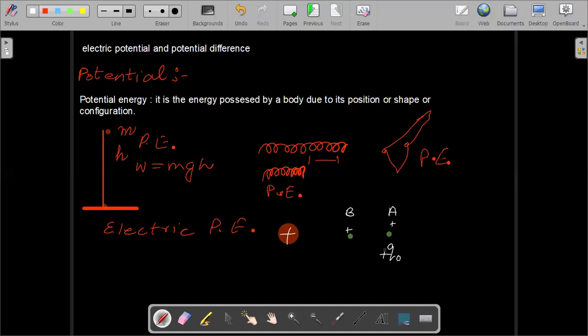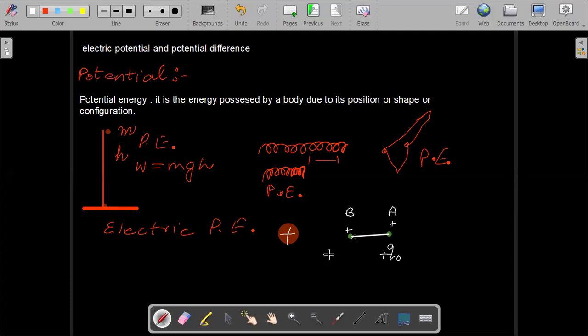When this charge moves from point A to point B, do you think I need to do some work to move it?